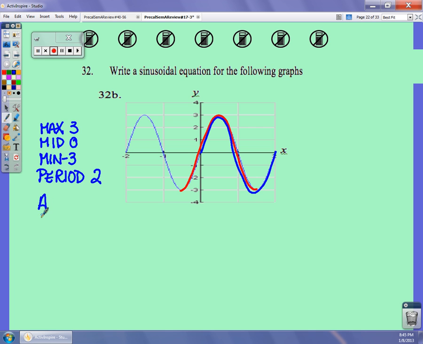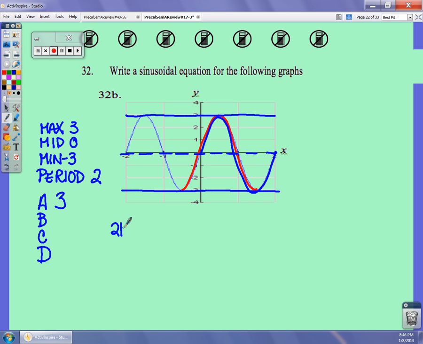We need to find A, B, C, and D from the information that we have. Remember, A is the distance between the midline and the max, or the midline and the min. So our A value, or our amplitude here, is 3. B gets calculated from the period.